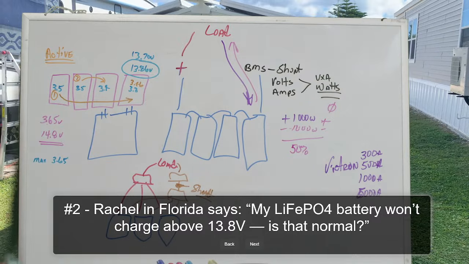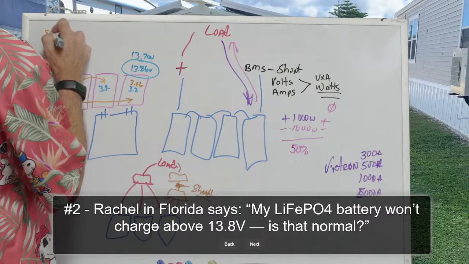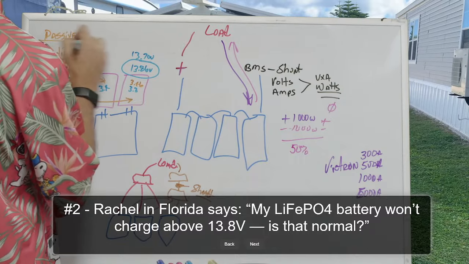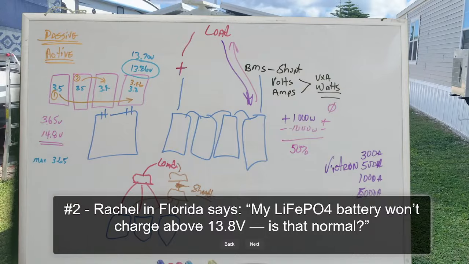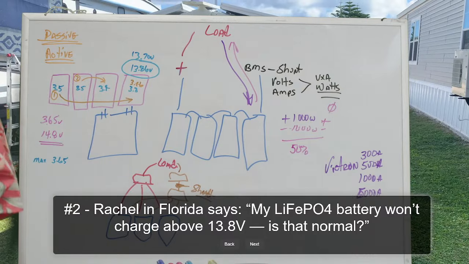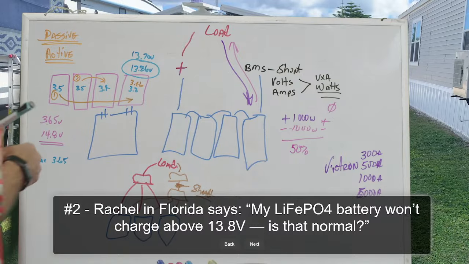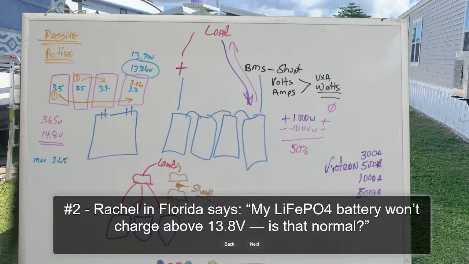It has what is called a passive charge balancer. And what the passive balancer does is it basically burns energy from the high cell through resistive loads and heat.